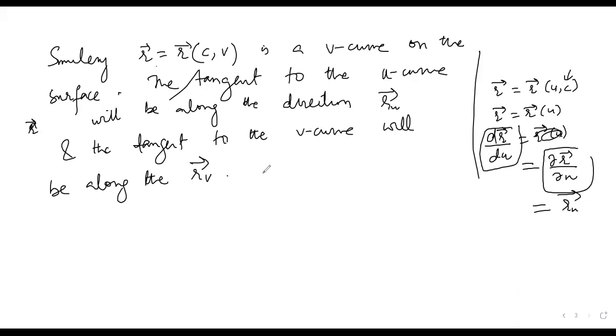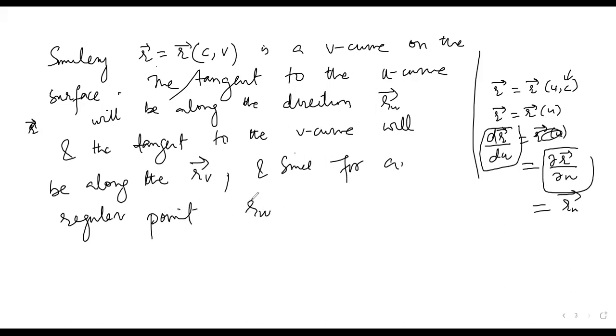And since for a regular point, and we will study only regular points, the condition is that r_u cross r_v cannot be equal to the zero vector.